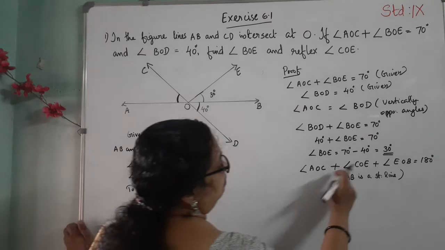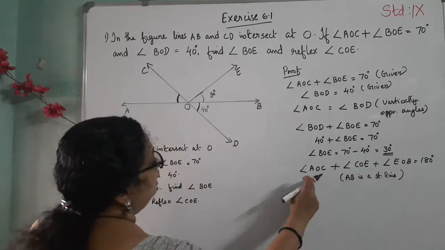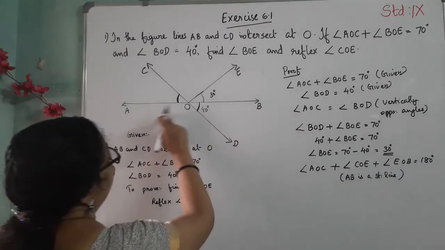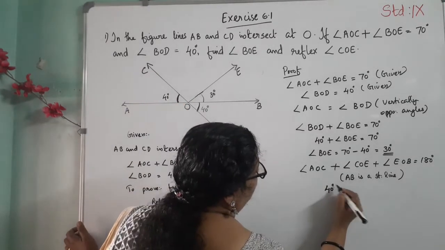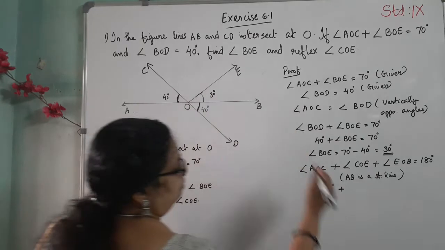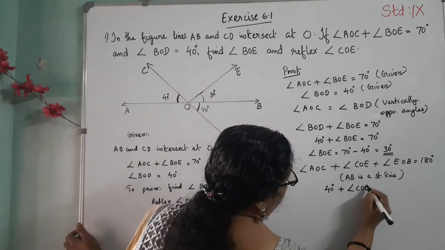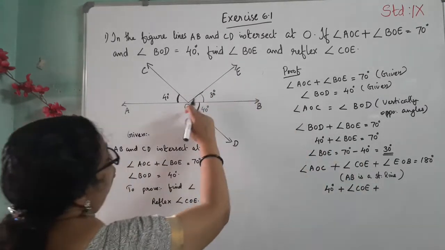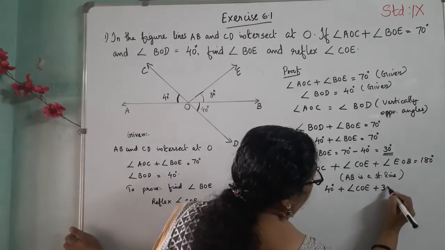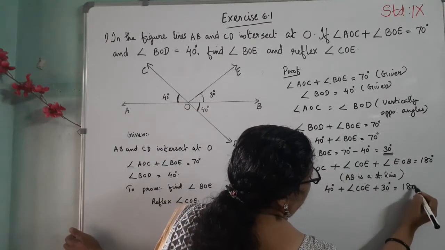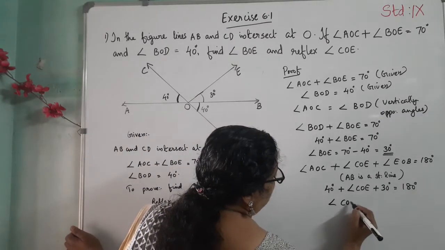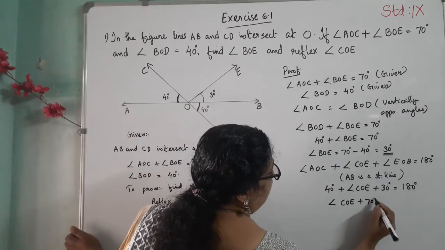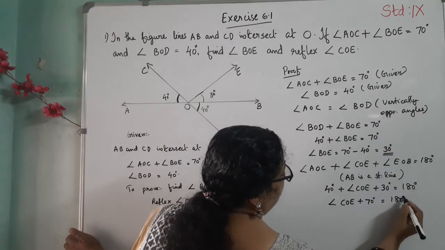So AOC plus COE plus EOB. We know that AOC is 40 degrees. So 40 degrees plus COE, which we want to find, plus EOB, that is 30 degrees, equals 180 degrees. 40 plus 30 is 70, so angle COE plus 70 degrees equals 180 degrees.